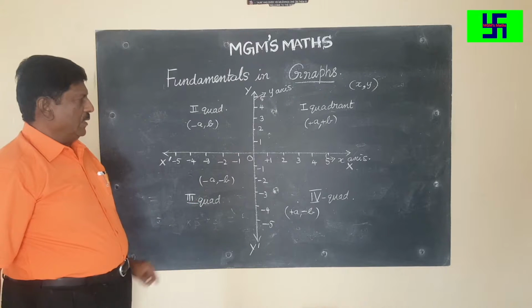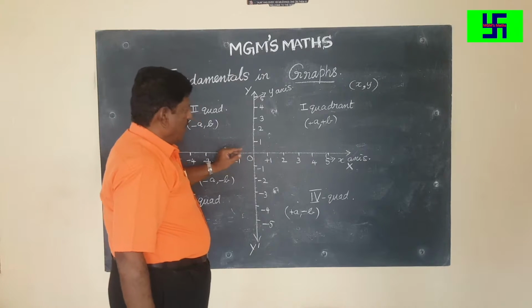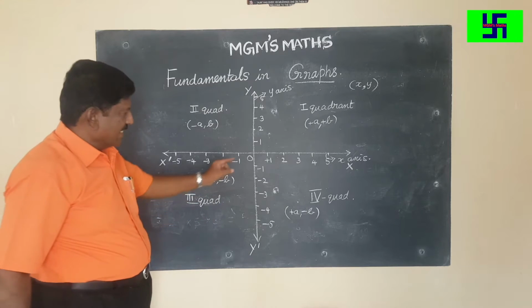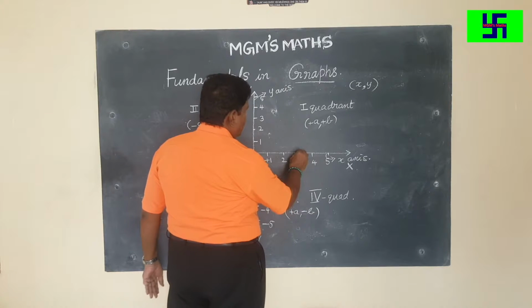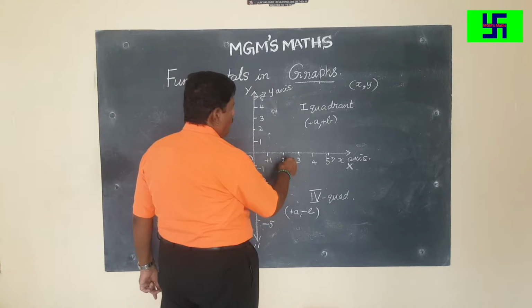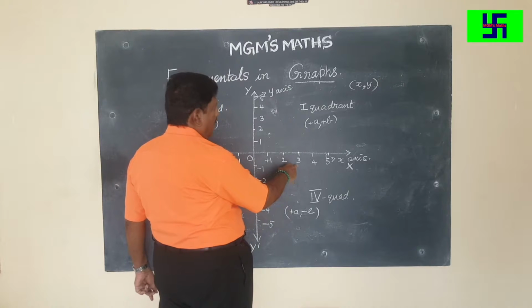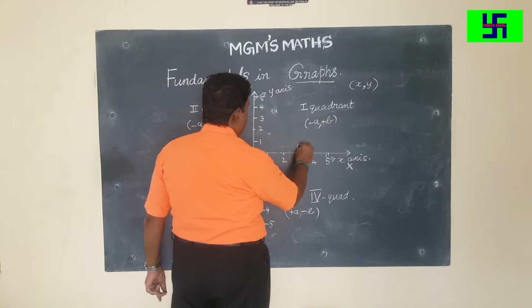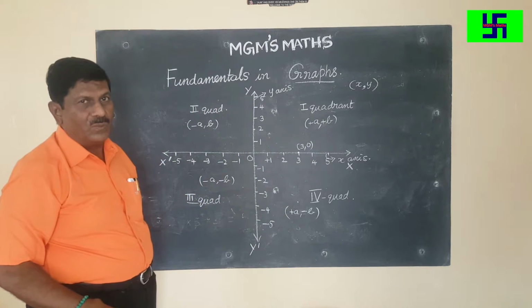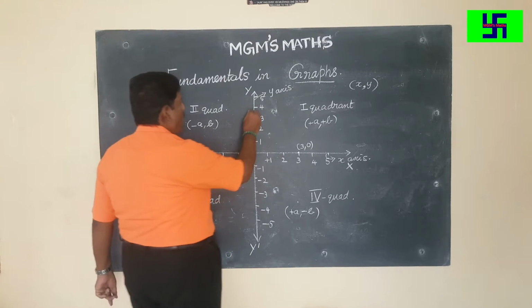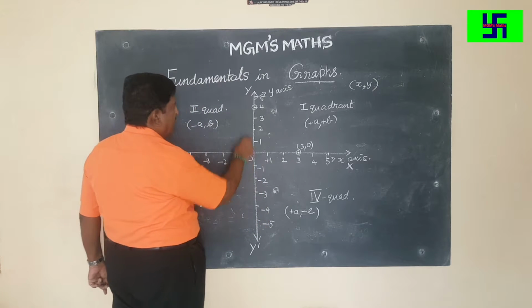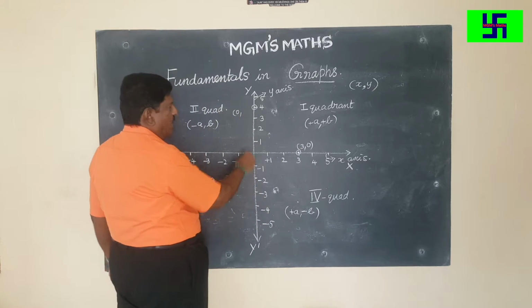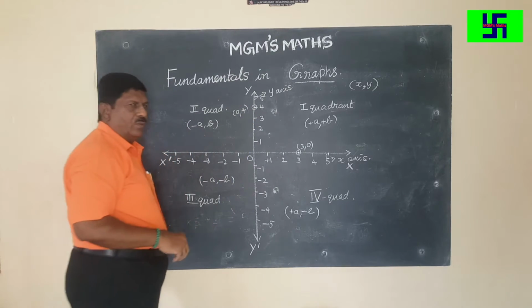It is very simple. And one more thing, a point on the x-axis, if it is this point, you see, how to plot the point 3 here? X is 3 and y becomes 0. When you choose a point here on the y-axis, x becomes 0 and y becomes plus 4.